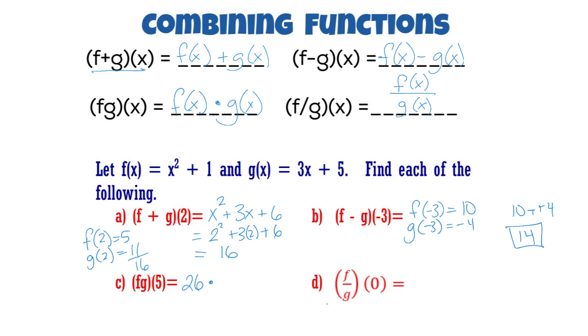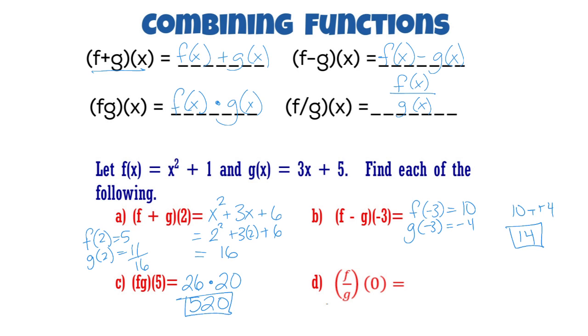And I'm going to have to multiply that by putting 5 into the g function. So that's 15 plus 5. That's 20. And 26 times 20 is 520. Okay, I didn't grab my calculator. I'm going to do some mental math here today. So if I goof up, forgive me.